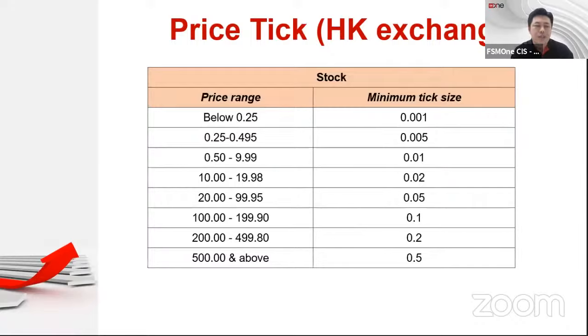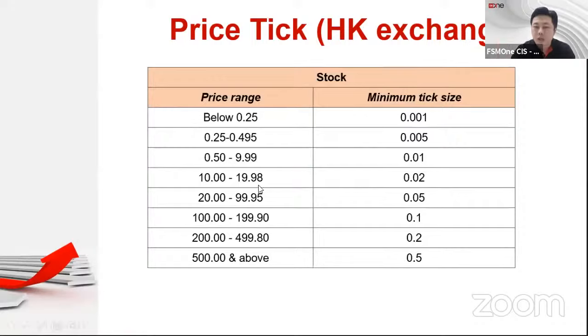This is the price tick table when you invest in Hong Kong stock. Price tick means if you invest in stock within this price range, this will be the minimum price tick that you can place the order. Meaning to say this will be the minimum incremental or decremental amount that you can place the order.